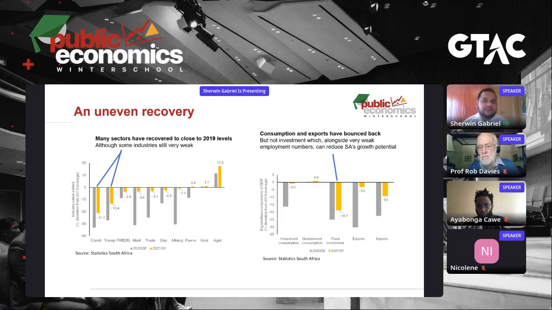Many sectors have recovered to close to 2019 levels, although some industries are very weak. And although consumption and exports have bounced back, the consumption numbers hide in detail what's happening at a household level. At the same time, investment is still very weak, which alongside poor employment numbers can reduce South Africa's growth potential in the future.